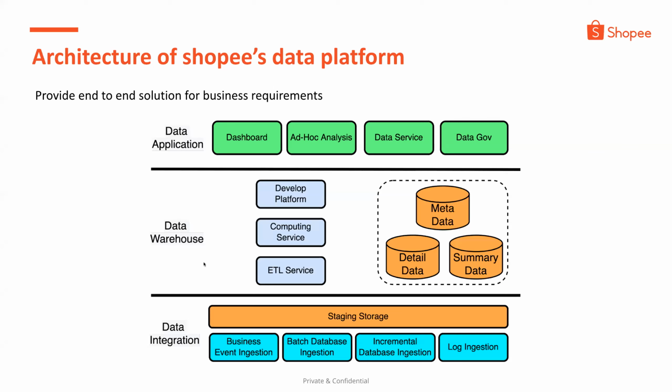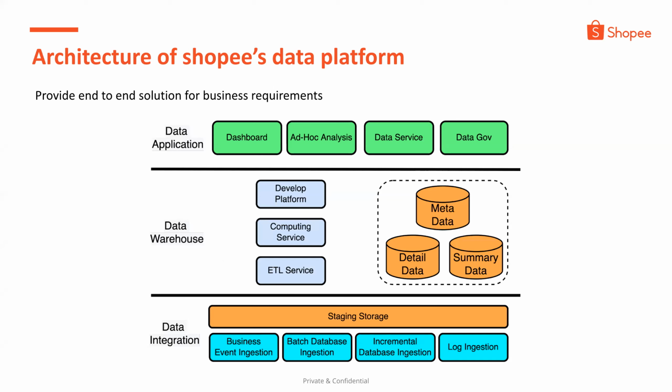This architecture diagram shows the end-to-end solution provided by the data infra team for business requirements in Shopee. At first, the bottom part is data integration. We have data integrations based on log data, database, and event stream.